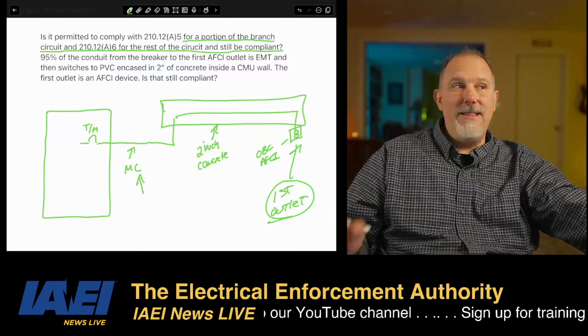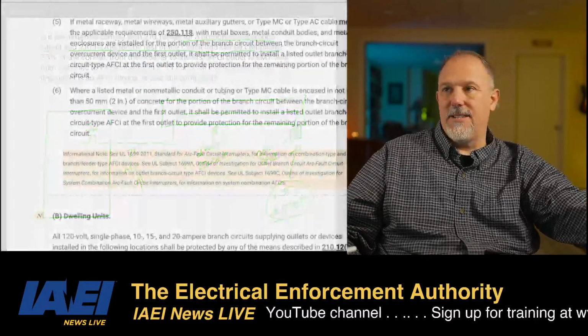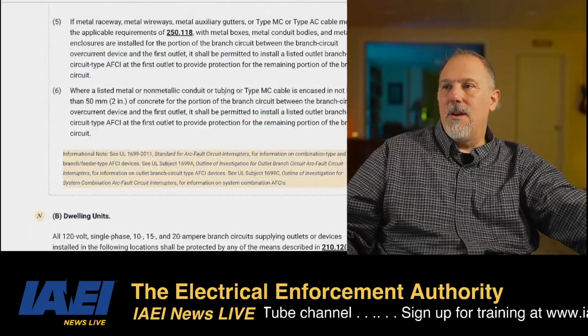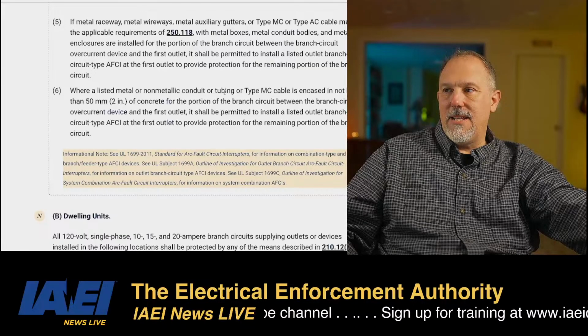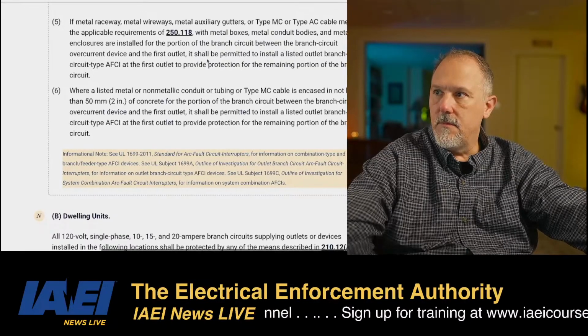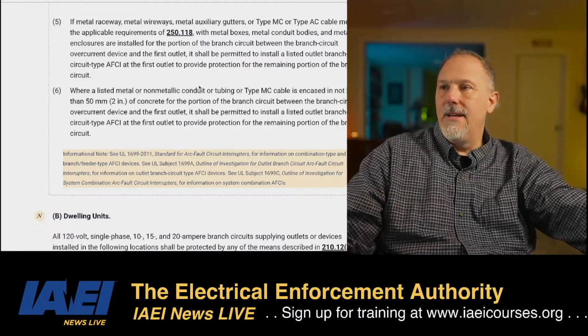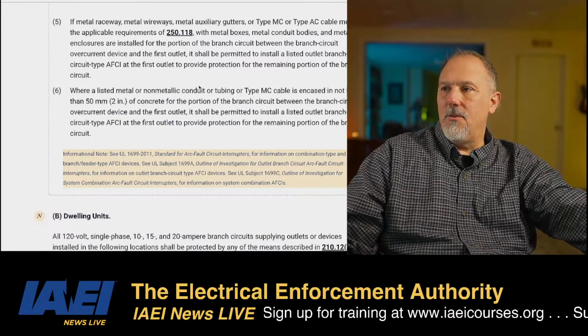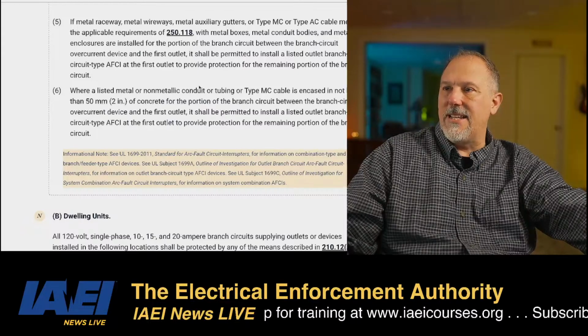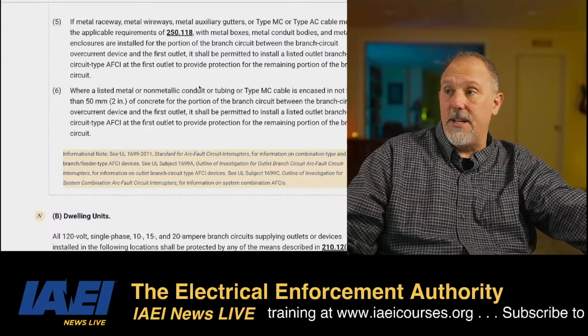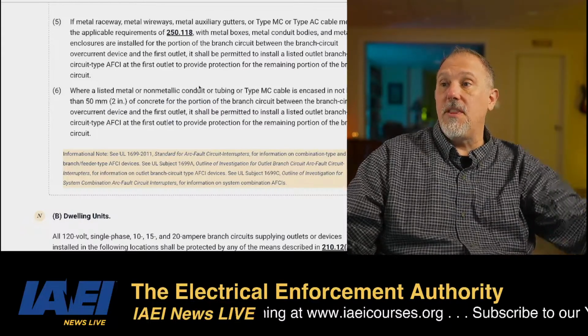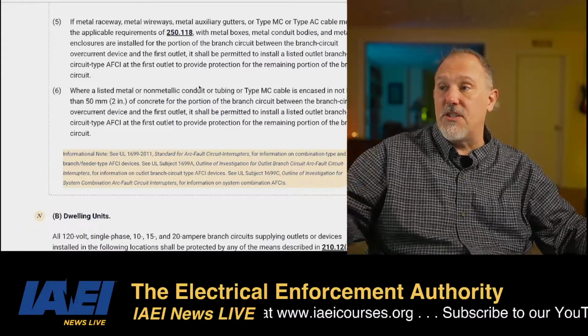And the way I read the second part of this, the number 6, where a listed metal or non-metallic conduit or tubing type MC cable is encased in not less than 2 inches of concrete for the portion of the branch circuit between the branch circuit overcurrent device and the first outlet.